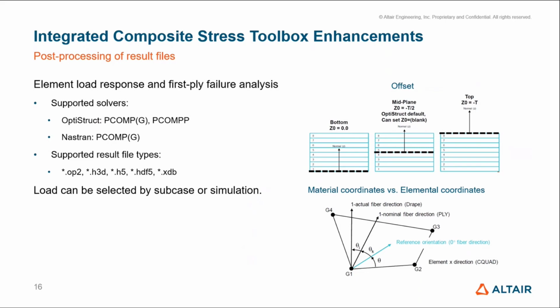Just in here, we can immediately go to the various elements and do the full thickness plots for the stresses and reserve factors. Again, here important to note that we do everything with the correct offset and also the correct relation between the elemental coordinates in which we read the forces and the material coordinates.